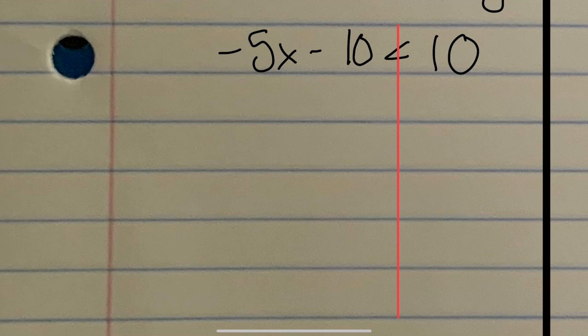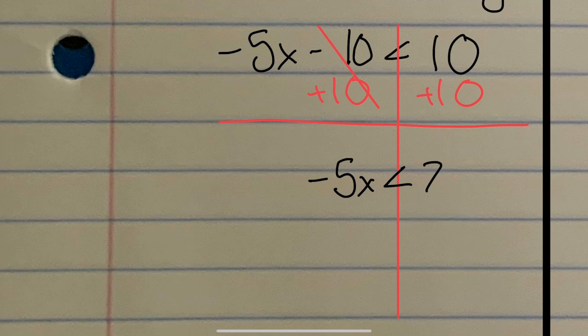I see 10 is being subtracted, so I'm going to do the opposite operation and add 10 to both sides, because whatever you do to one side, you have to do to the other. When we do that, minus 10 plus 10 is 0. That's going to leave me with negative 5x over here. Still have our less than sign. And then 10 plus 10 is going to be 20.